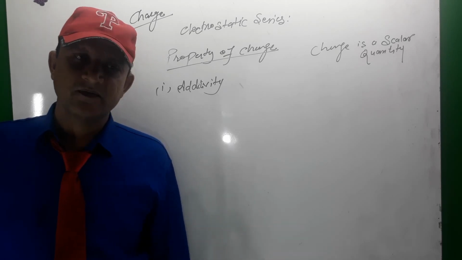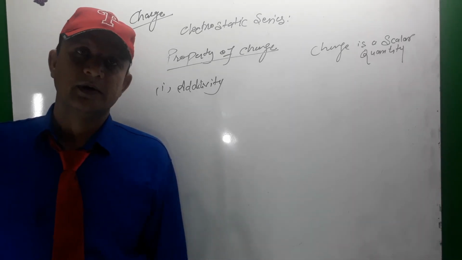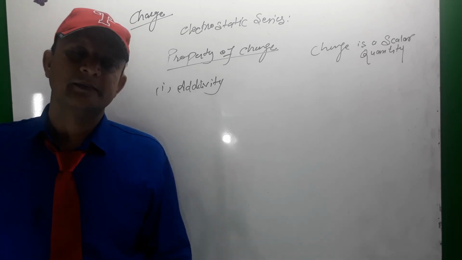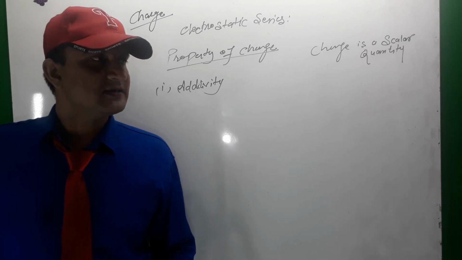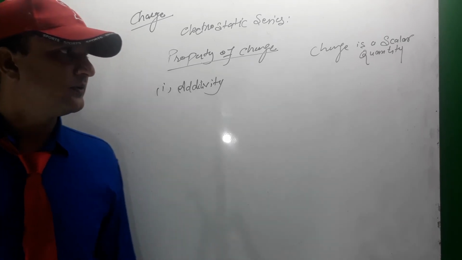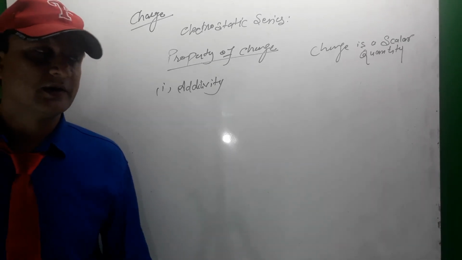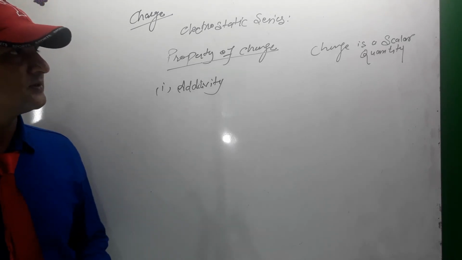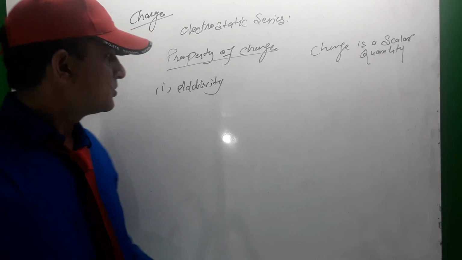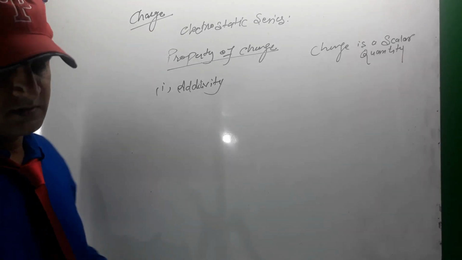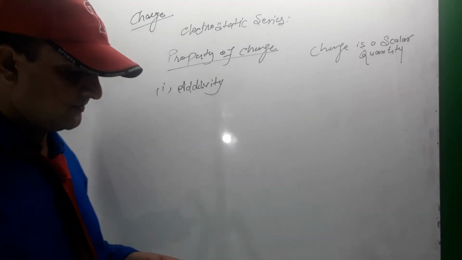These quantities have a very great role in electrostatic field and magnetic field. Overall, we can say, if we are going to learn physics in a very good order, then a few things must be very familiar to us. So let's understand additivity.